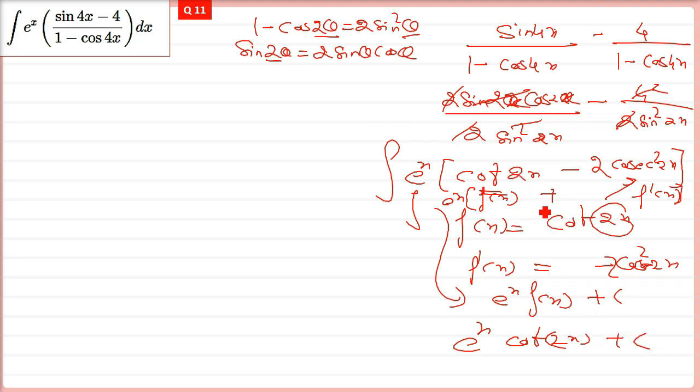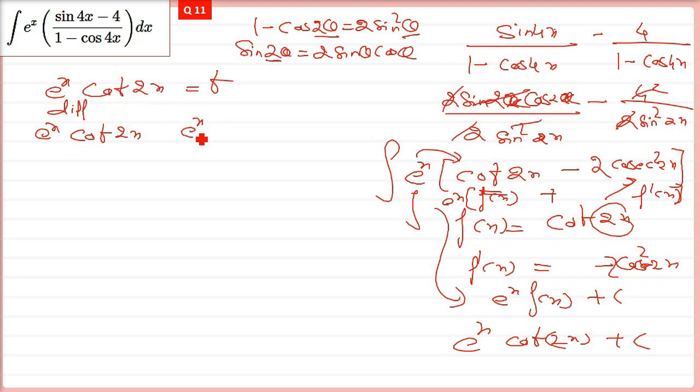But if this question needs more explanation, I told you what to do. You have to consider e raised x into f(x) equals some t. When you take it as t and differentiate both the sides, the next step will be differentiation of both the terms. So it will be cot 2x, e raised x will be e raised x. Then I am applying the product rule, which you are already aware of.